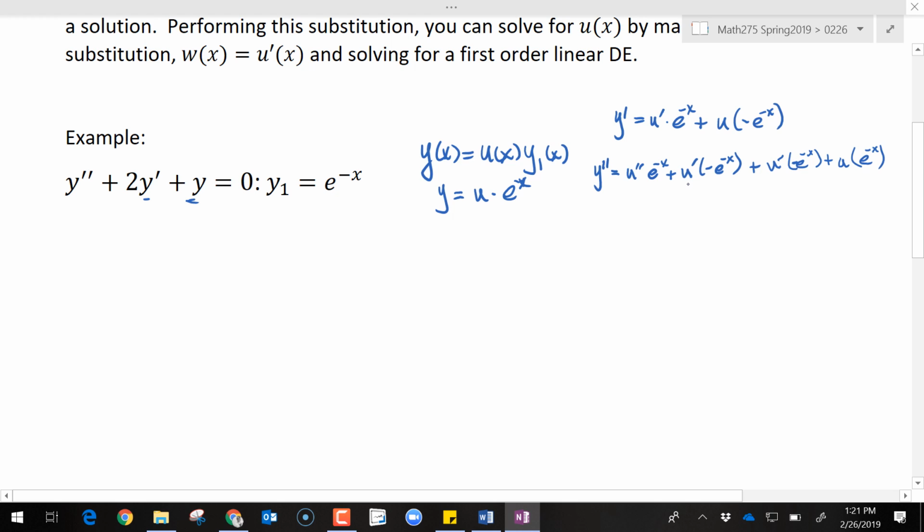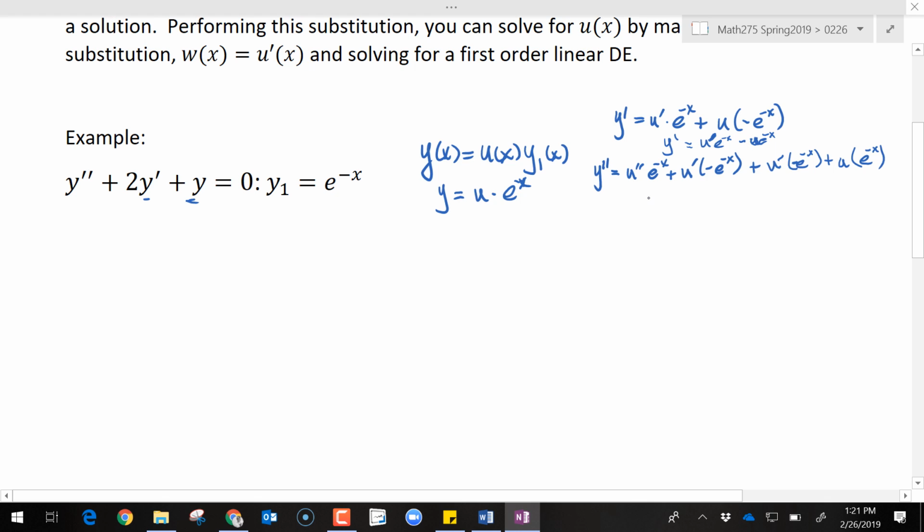Just for the sake of putting it back into this differential equation, let's do some simplifying. Y prime is equal to u prime e to the negative x minus u e to the negative x.